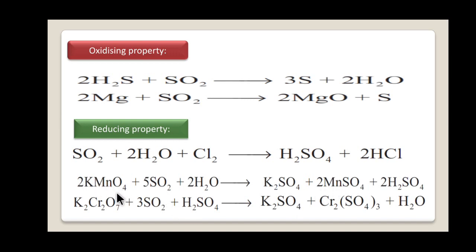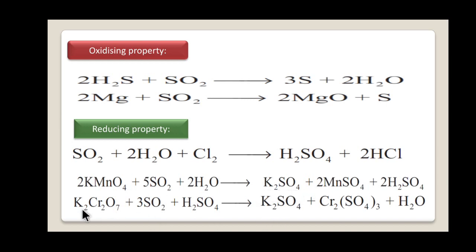In MnSO4 the oxidation number of Mn is +2, so it is reduced from +7 to +2.